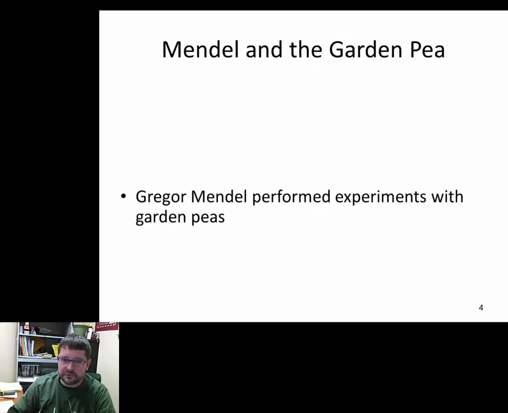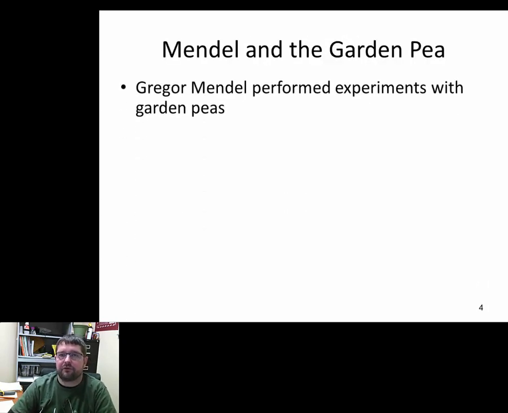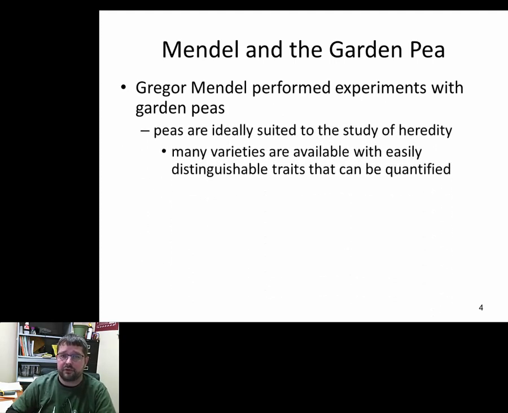So Mendel, like I said before, performed his experiments on garden peas, which was a great plant to study. They're super ideal for genetic studies in the sense that, first of all, most of the traits you can see, so you can distinguish between colors or texture or placement of flowers or height of the plant.